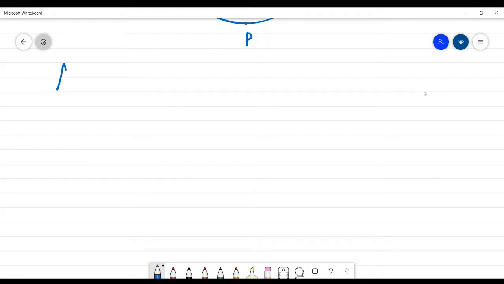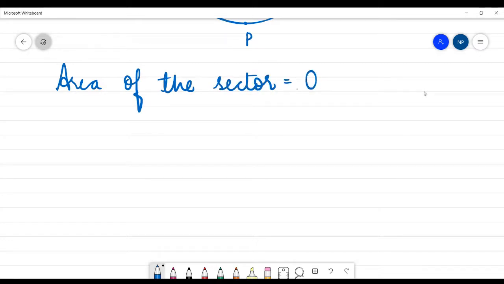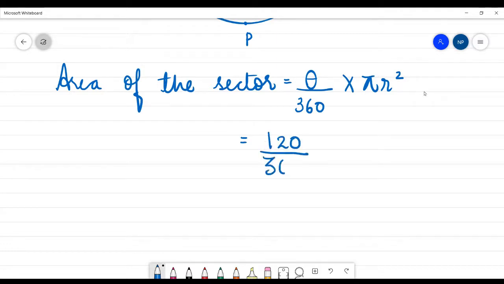Yes, area of the sector, we know the formula. It is theta upon 360 into pi r square, which is equal to 120 degree upon 360 into pi, to be taken as 3.14, into r, which is 12 into 12.